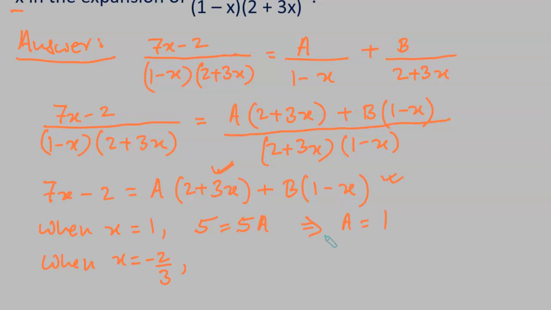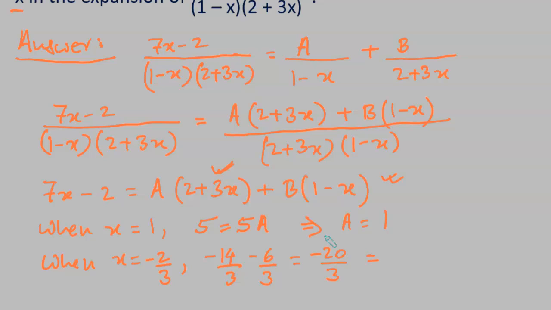So, what about the left hand side when x equal to negative 2 over 3? 7 times negative 2 over 3 will be equal to negative 14 over 3. So, negative 14 over 3 and negative 2 can be written as negative 6 over 3. Okay. So, this is equal to negative 20 over 3, the left hand side.